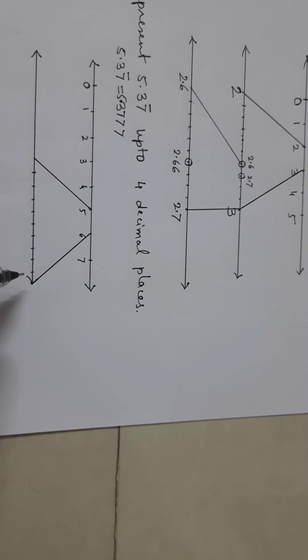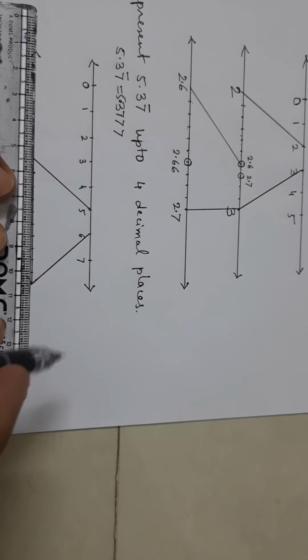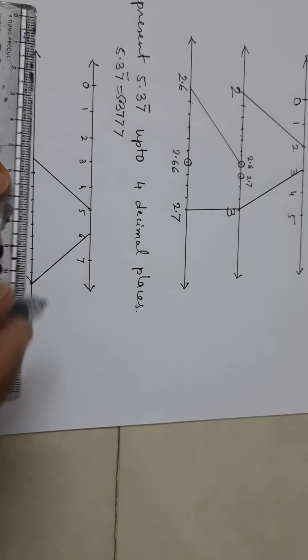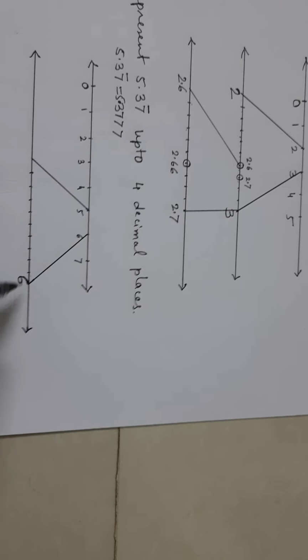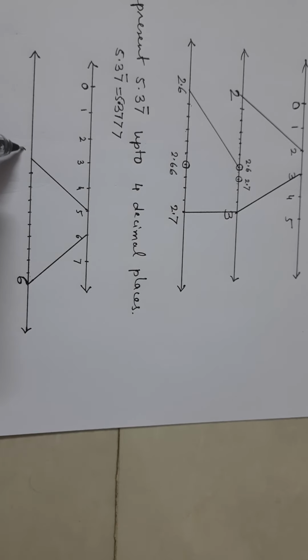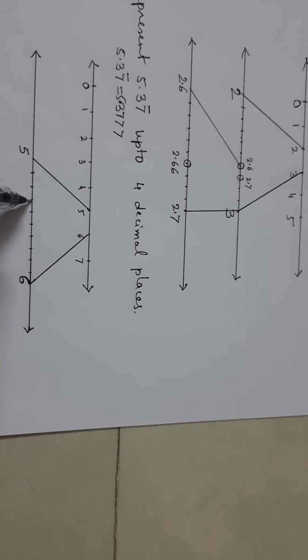Let me extend this number line a little. So here I have 6, here I have 5. Now it is 5.3. So it is 1, 2 and 3. This is 5.3.